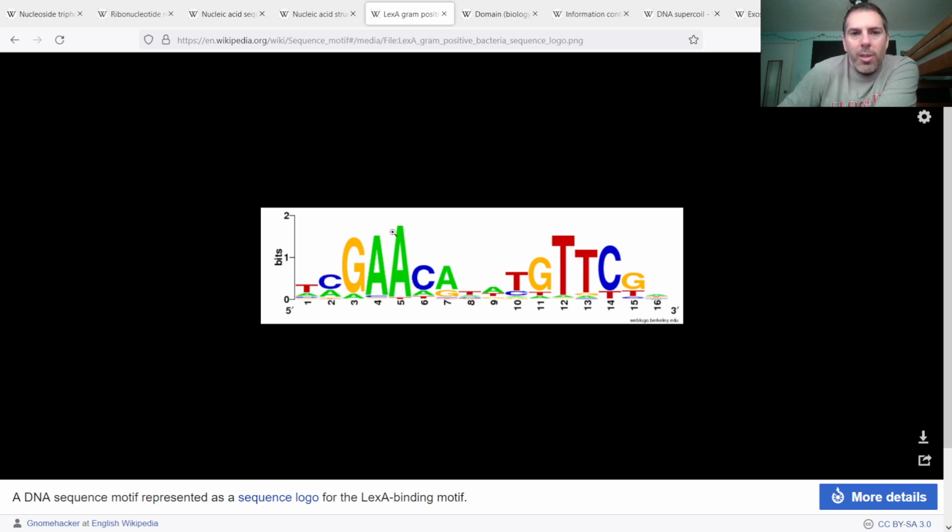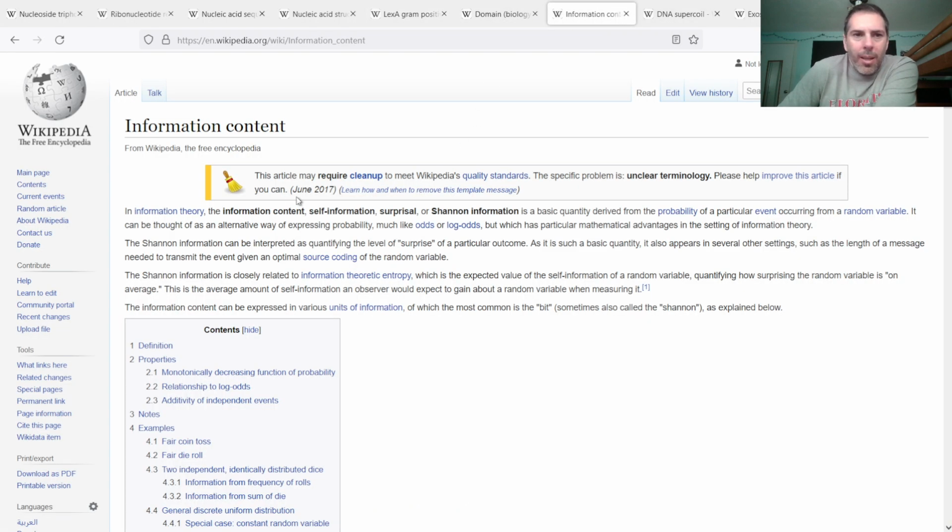And if there's a position where you can almost always see the same nucleotide, then you need 2 bits of information to tell somebody which one out of 4 specific bases you'd see in that position. And I guess that's pretty much everything I was going to say about information content for a sequence of nucleotides.